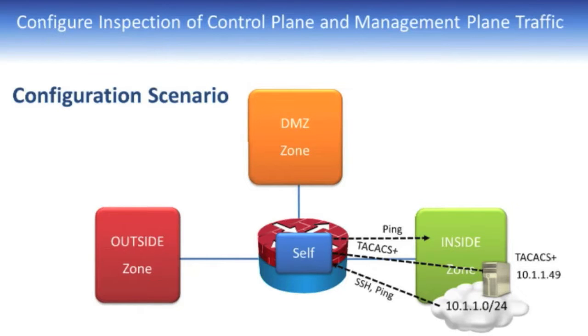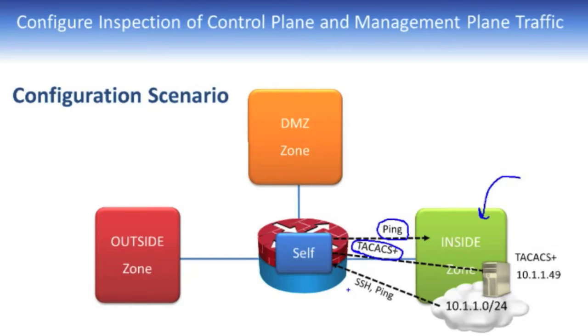We're going to have an outside zone, a DMZ zone, and an inside zone. And in the inside zone, we're interested in making sure that the SelfZone can ping the inside zone. We are interested in making sure that the SelfZone can communicate bidirectionally with a TACACS Plus server.